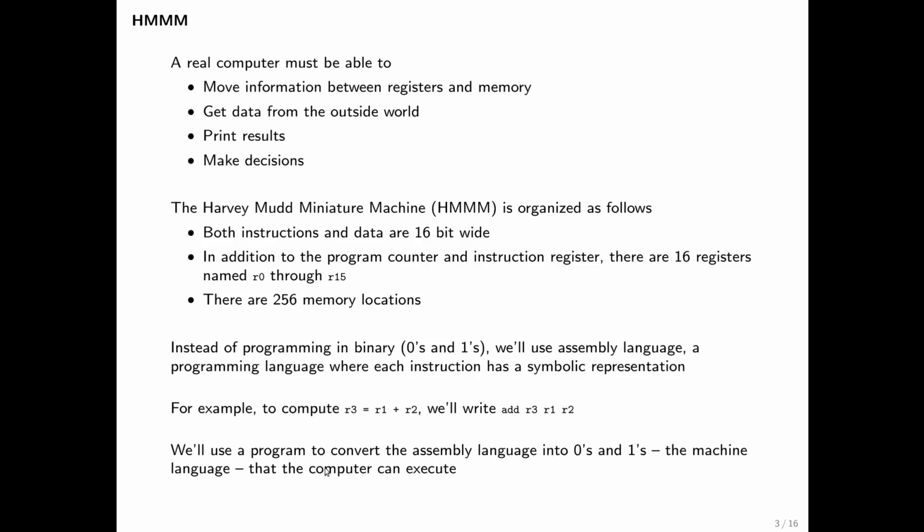And it's the machine language program that the computer knows how to execute. So we won't be writing code in zeros and ones. We will be writing code using symbolic instructions, and then we will translate that using a program into machine code, which we will then run on the computer.